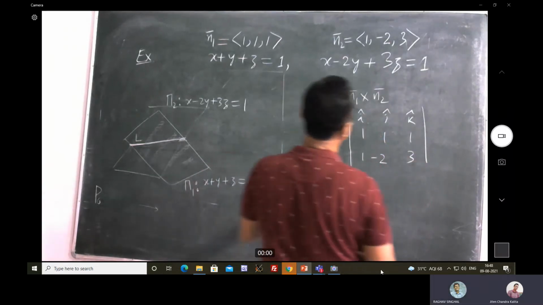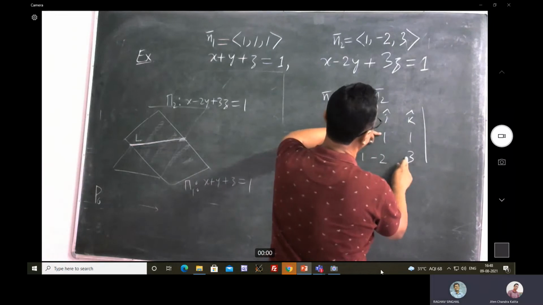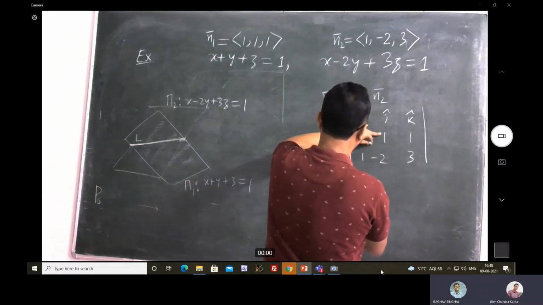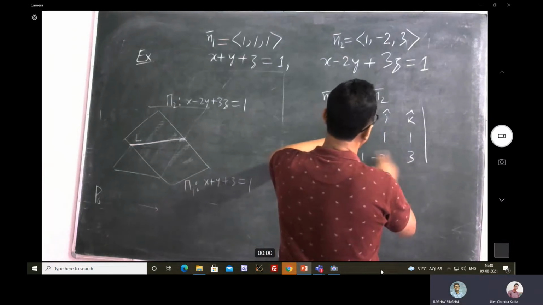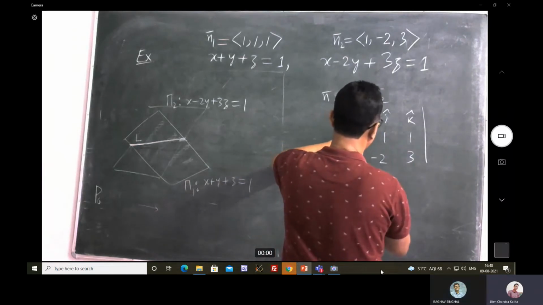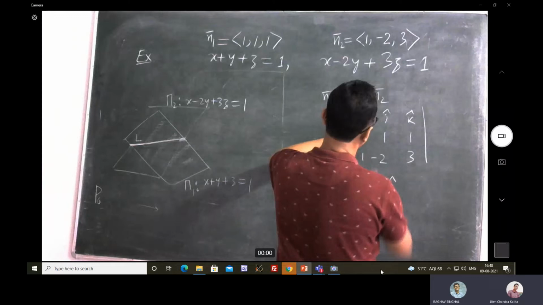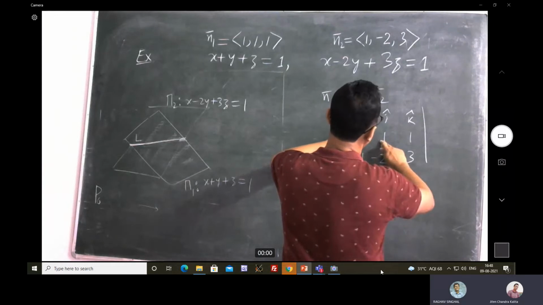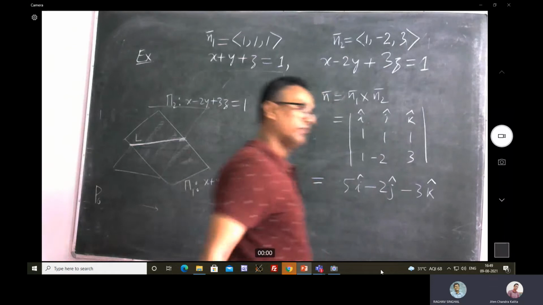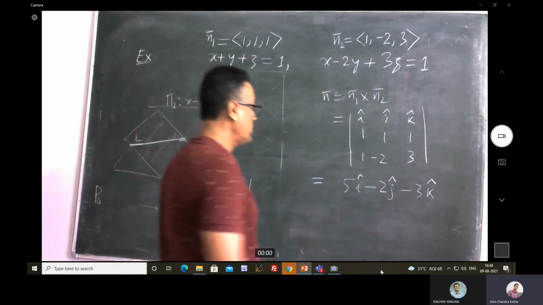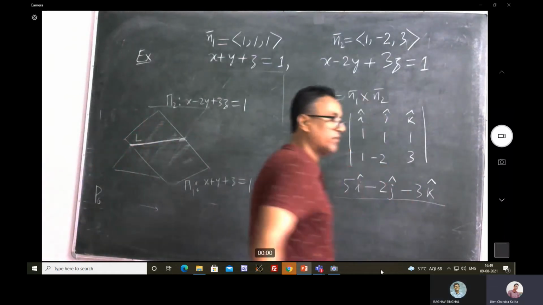So this is equal to 3 plus 2, that is 5i. Then 3 minus 1, that is 2, so this is minus 2j. Then minus 2 minus 1, that is minus 3k. So we have found this.